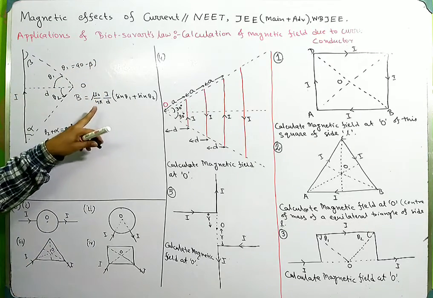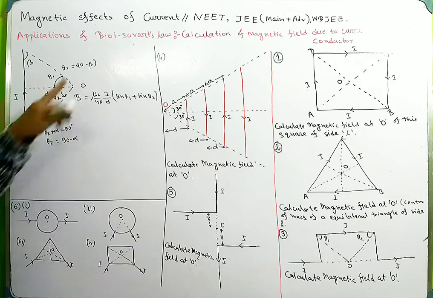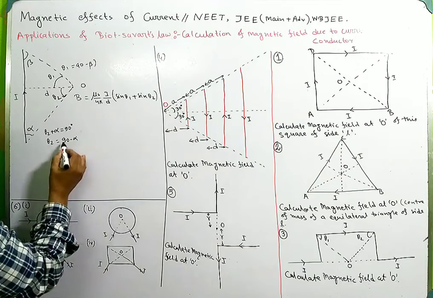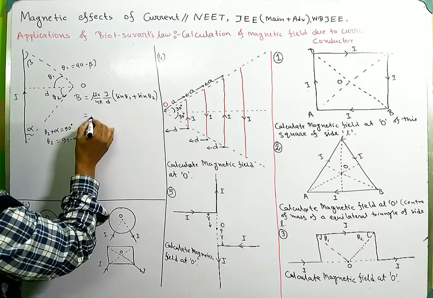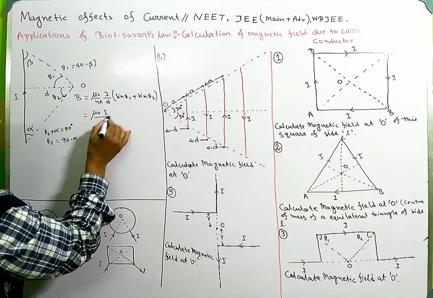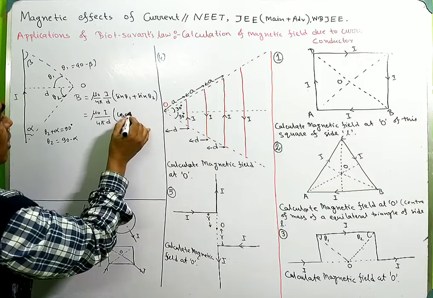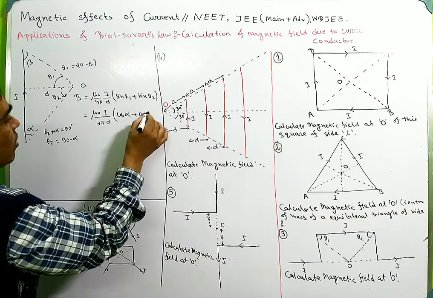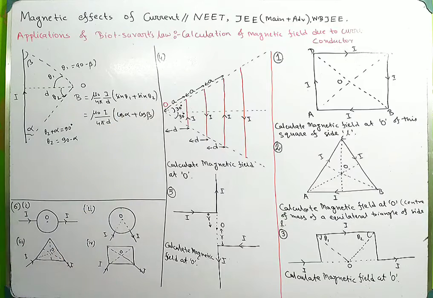If I want to transform this equation in terms of alpha and beta, then sine of 90 degrees minus alpha equals cos alpha. So it can be written as mu 0 I by 4 pi d into cos alpha plus cos beta. This will be cos alpha and this will be cos beta.